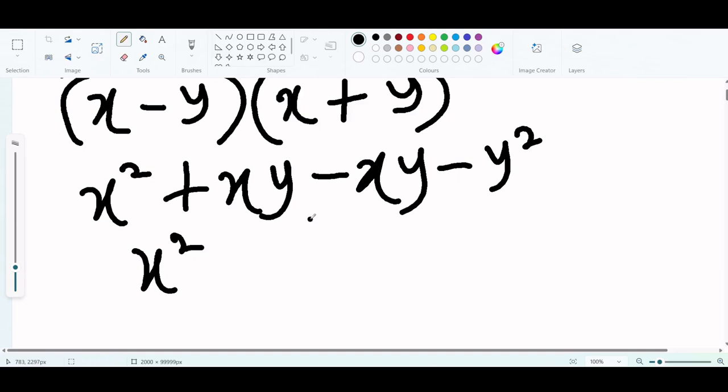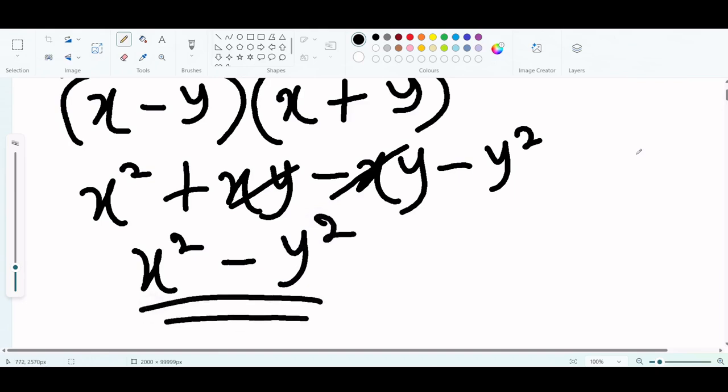So xy, because they are also the same, xy minus xy is going to be 0. You get that? So plus xy minus xy is going to be 0. So that's going to cancel. So these ones, they are gone. So we are going to be left with x squared minus y squared.